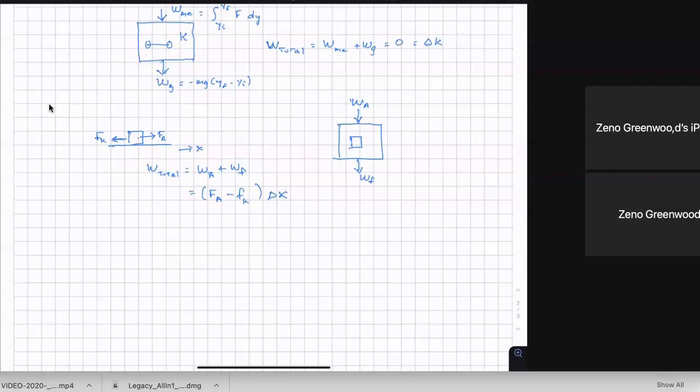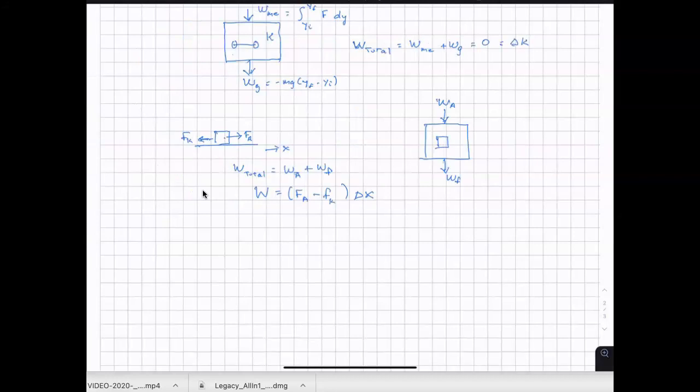Well, that's one way we can treat the problem. And when we do that, work done by F sub A minus F sub K results in a change in the kinetic energy of our system. K is changed.